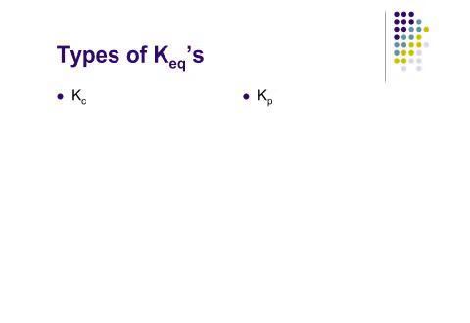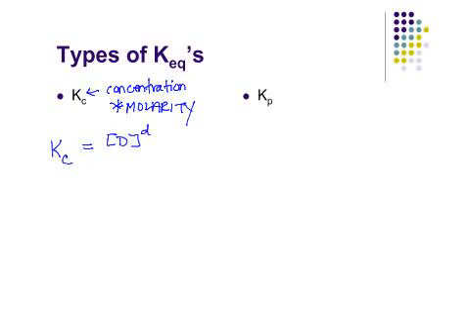So I wanted to compare Kc versus Kp. When you see a KEQ written as Kc, what that's telling you is that these are based on concentrations, specifically molarity. And that's where the C is coming from. Now, when you write a Kc, you're going to do the products raised to some coefficient, based on the coefficient from the balanced equation, over the reactants raised to its own coefficient.